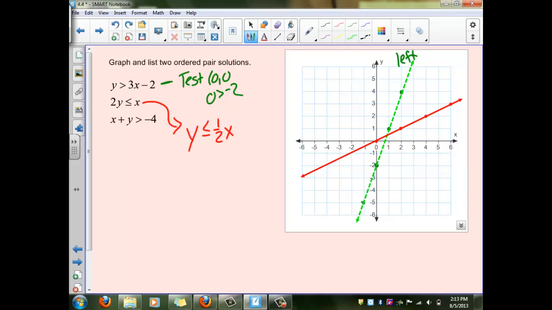And we can't test 0, 0, so let's go ahead and just test 1, 0. If we test 1, 0, we'll have 2 times 0 is less than or equal to 1, so 0 less than or equal to 1 is true, so this one will be below.